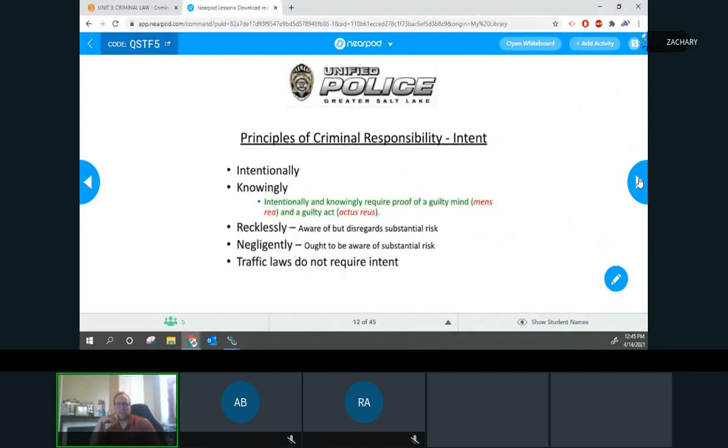Okay, principles of criminal responsibility, intent, okay? So they need to prove certain things. We kind of talked about beyond a reasonable doubt that they committed them. So we have they intentionally did it, they knowingly did it, they recklessly did it, they were negligent when they were doing it.